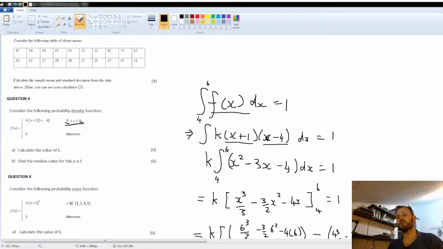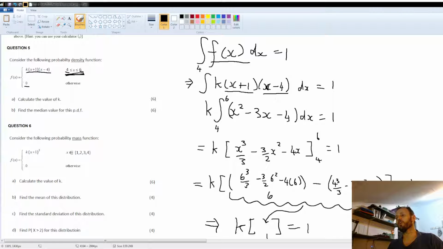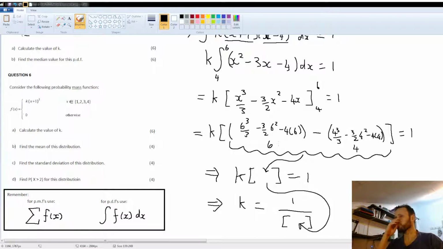The function itself. What are the limits? It's the limits that they give you for where the function has a value, where it's not 0, in other words. You make it equal to 1. You perform the whole integration, take out the constants, do the integration, put in the limits of the integral on either end to get a definite integral, get a number. You got something times k, you divide by that number, and you are done. Okay.